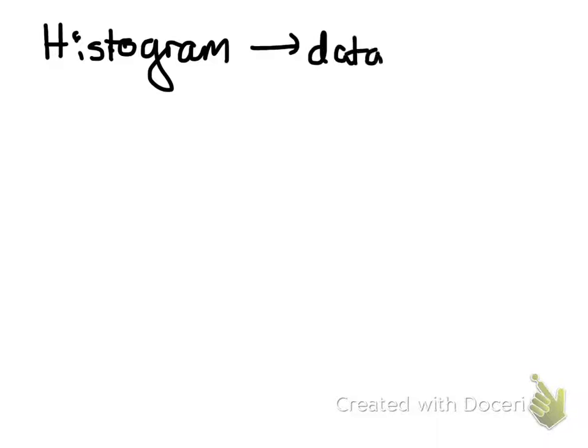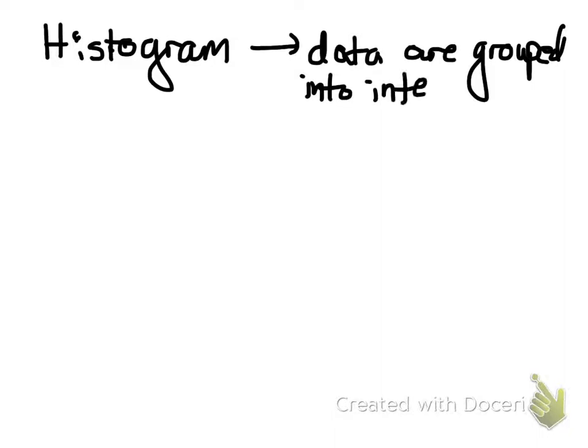That means you're not just doing one number, but a range of numbers. And the intervals are of equal size, and they do not overlap.